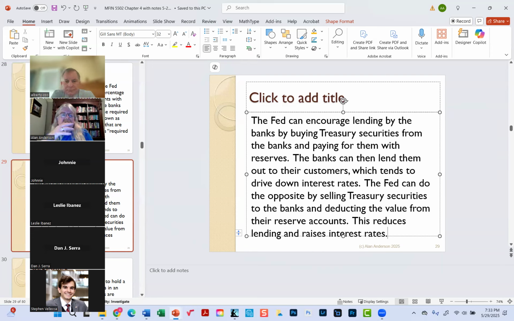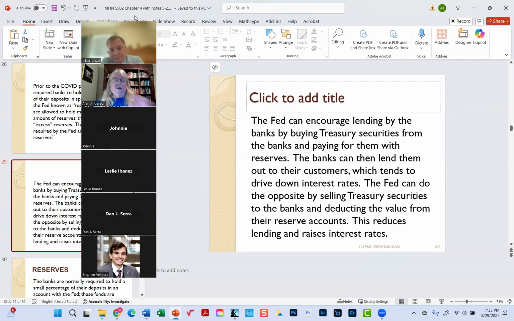So this is one approach to monetary policy that they use on a pretty regular basis, and we're going to see more of that later on in the chapter. But the reason why I mention this now is because I just want to be clear that the reserves in the banking system are controlled by the Fed. They decide what kind of reserves are required to be held in the system.